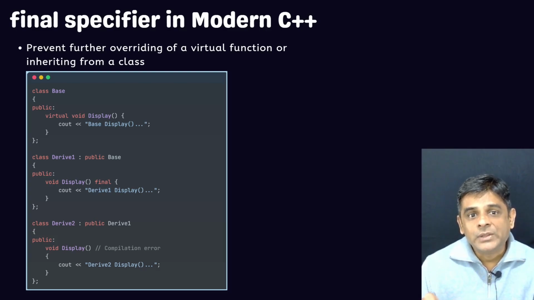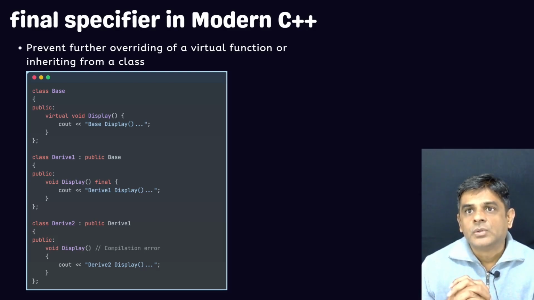At that time we can use the final specifier. Or sometimes we don't want to allow inheriting our class, and at that time we can also use the final specifier on the class.